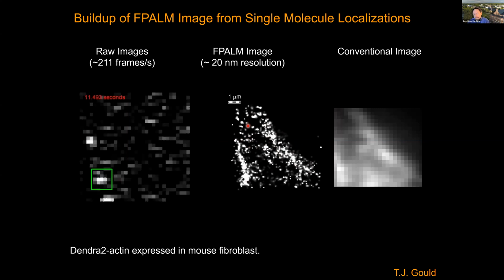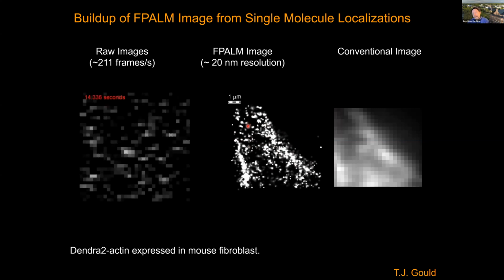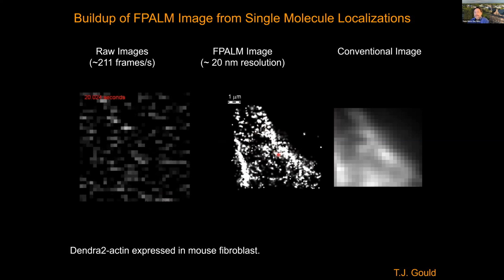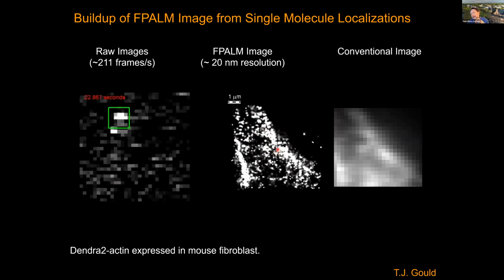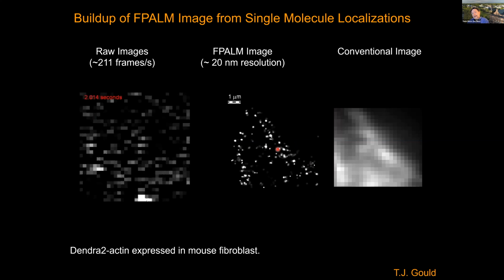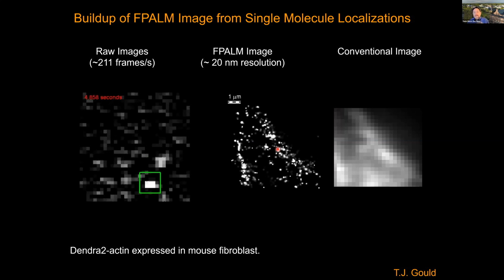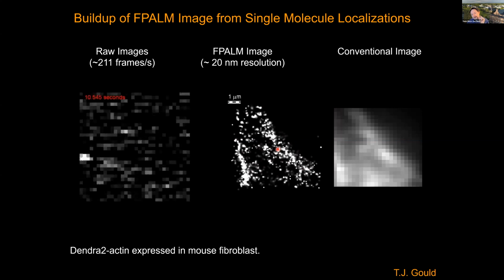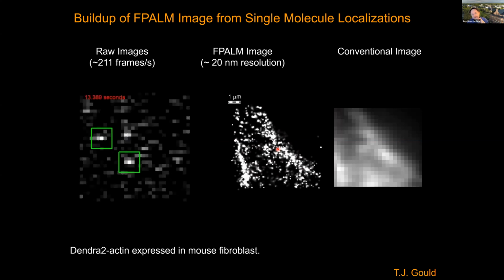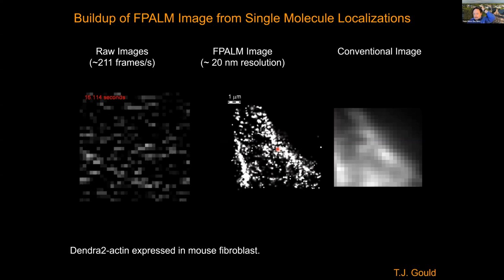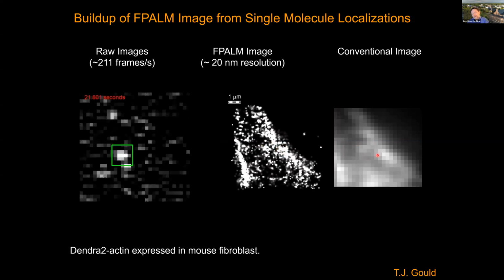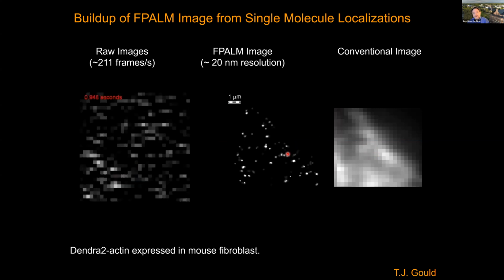Sometimes the mean localization error for the whole data set is used. But anyway, we plot each molecule as a dot and gradually fill in like a pointillist painting, like a Monet or something, with each molecule being a single brush stroke and each brush stroke having a diameter equal to the localization error. And that then gives a structure which can be compared to the conventional image, and you can see much more detail.